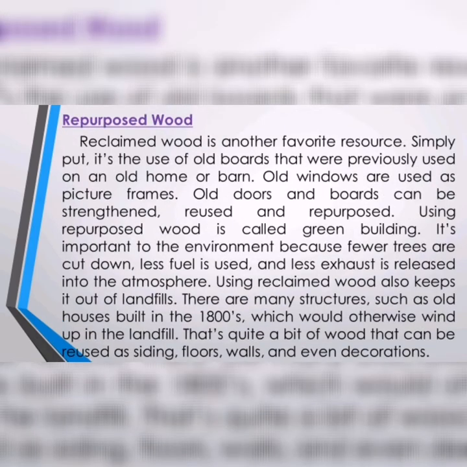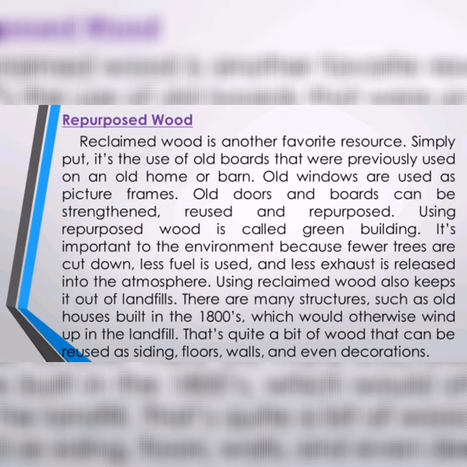Repurposed wood. Reclaimed wood is another favorite resource. Simply, it's the use of old boards that were previously used on an old home or barn. Old windows are used as picture frames. Old doors and boards can be strengthened, reused, and repurposed. Using repurposed wood is called green building.